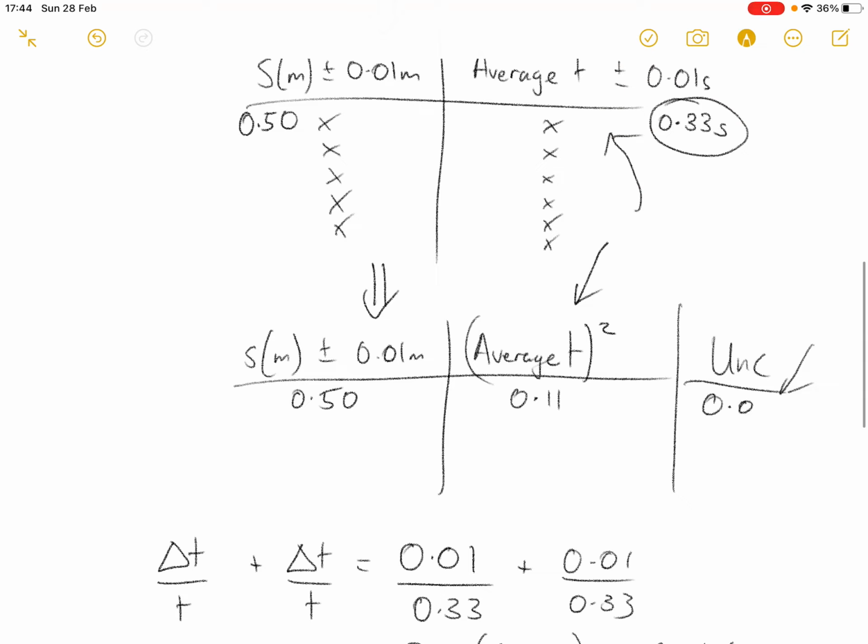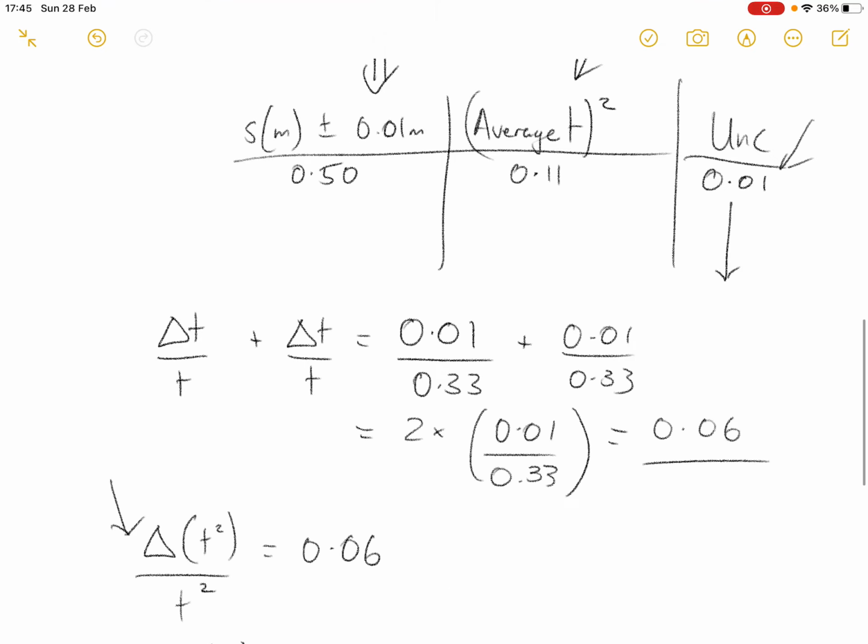So here we have 0.01. As it so happens, in all of my values, rounded up to the smallest that I can make it, this was the same all the way down. Of course, the fractional uncertainty was actually changing, and the absolute uncertainty in this column was changing, but rounding them gave me 0.01 for all of them.